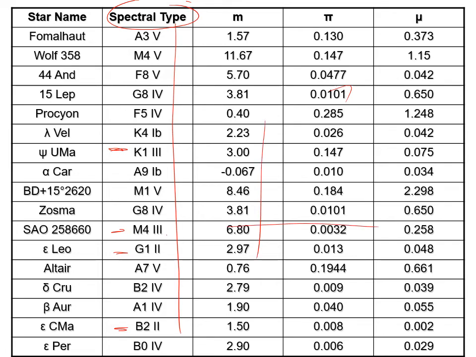So again, you've got the HR diagram. All the giant stars are up here. Well, the M giants are over here, and then the K and the G and the B. So farther that way is bigger.